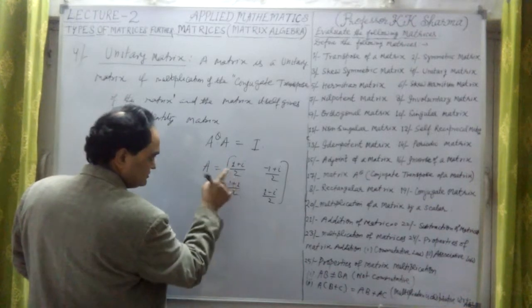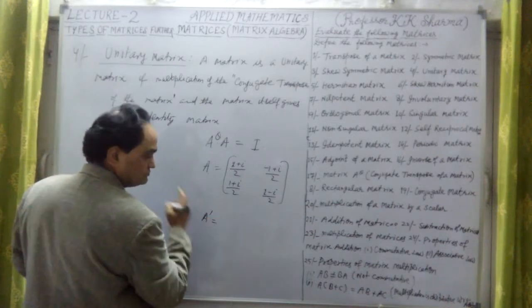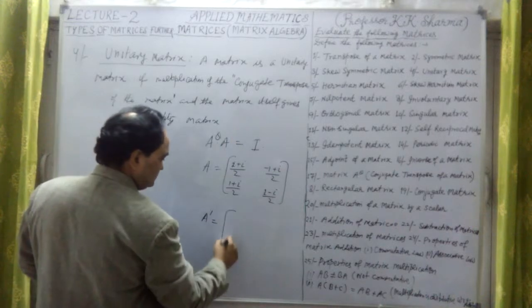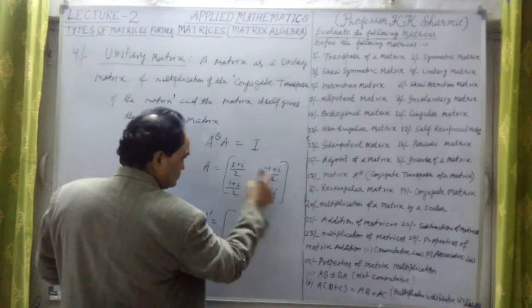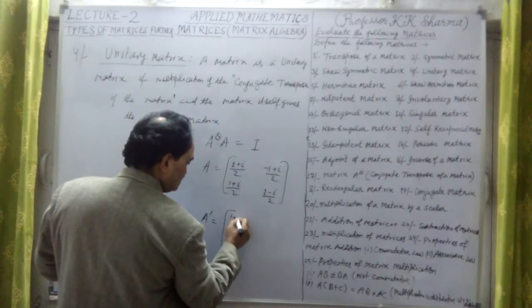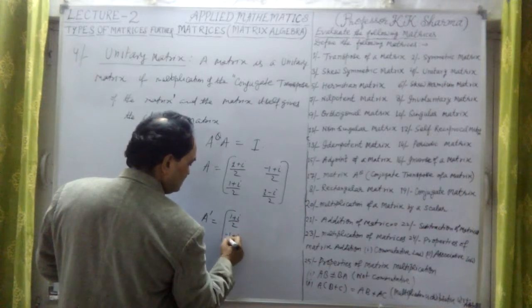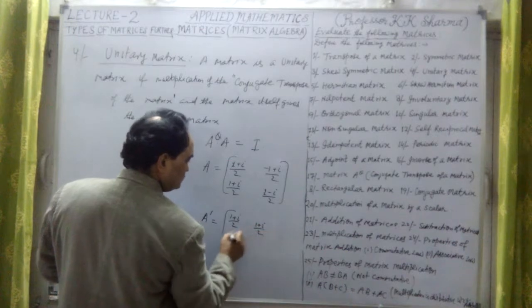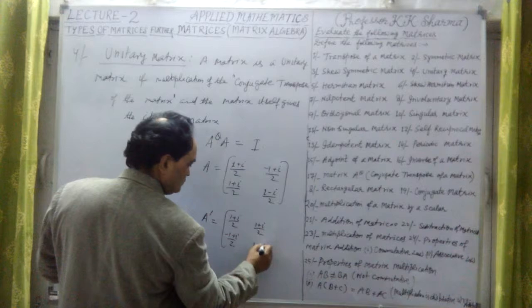So first find the transpose of this. The transpose of A will be changing the rows into columns. This row will become a column with 1 plus iota upon 2, minus 1 plus iota upon 2, and 1 plus iota upon 2 and 1 minus iota upon 2.